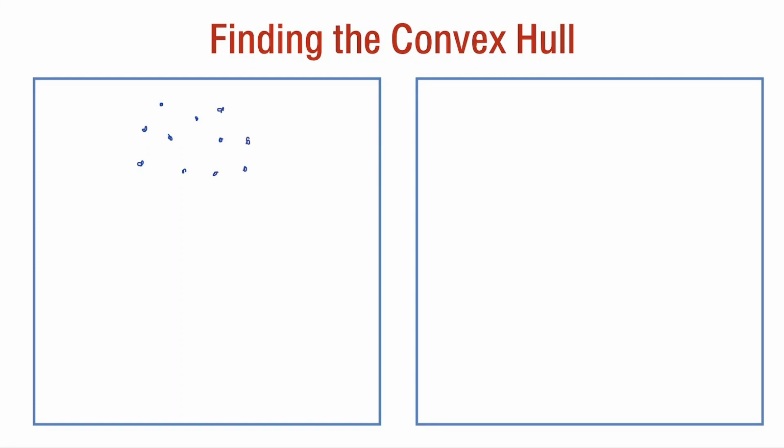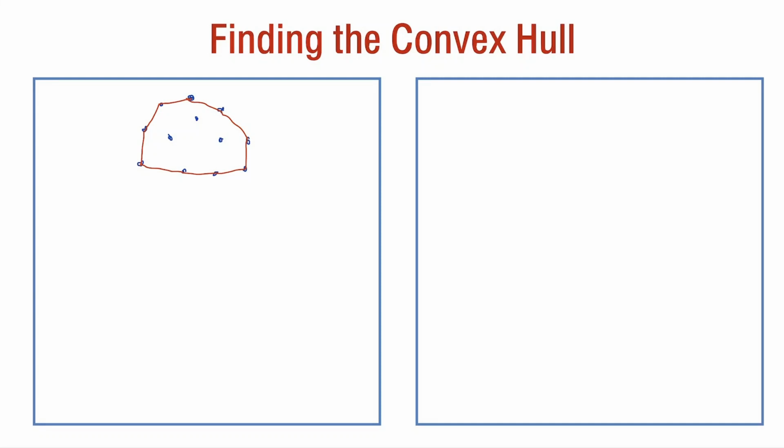Colloquially speaking, given this set of points, the convex hull of these points is a polygon whose edges contain all the points, either on the edges or boundaries or on the vertices. This is how it is done.